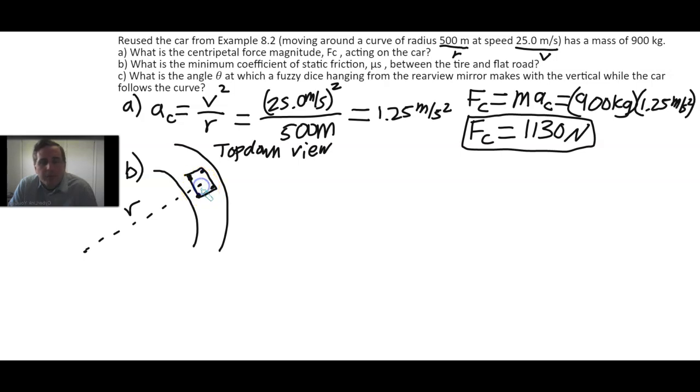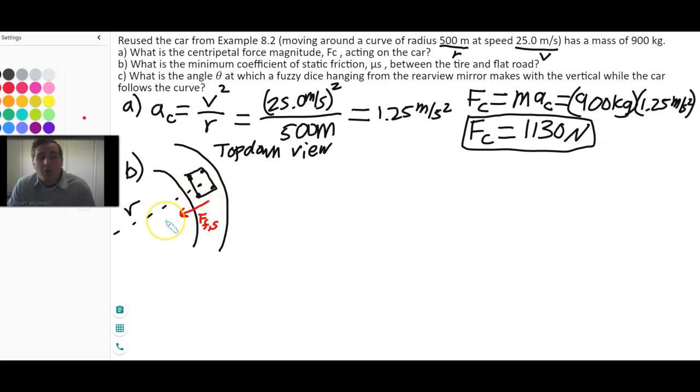And then the idea is that the force is the friction force. If the friction force is in this direction, towards the center of the curve, how do I know that? Well, the force of static friction is the only force that's holding it on the road towards the center. By the way, we're not really worrying about the vertical direction here, like normal force and weight.